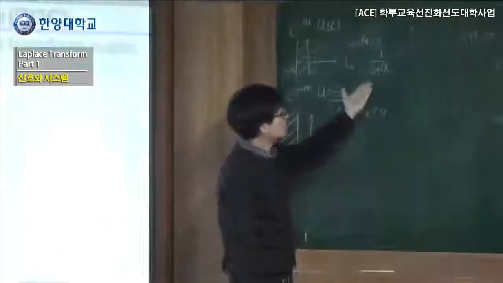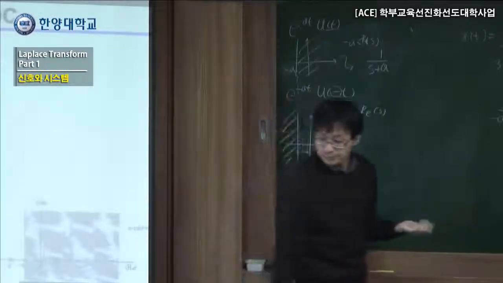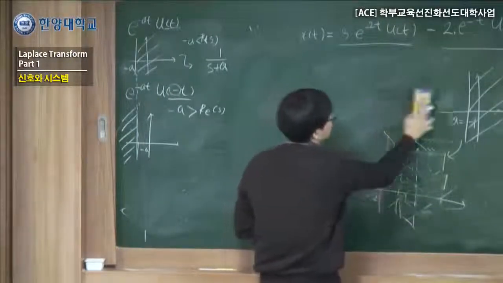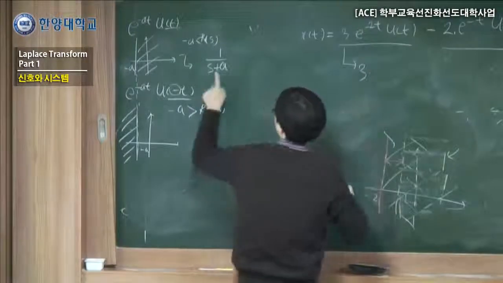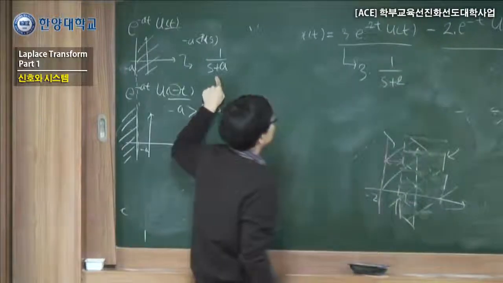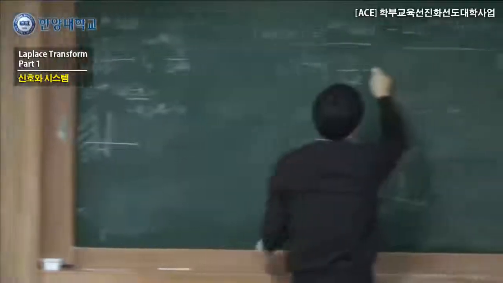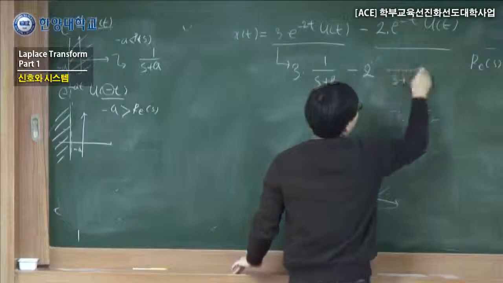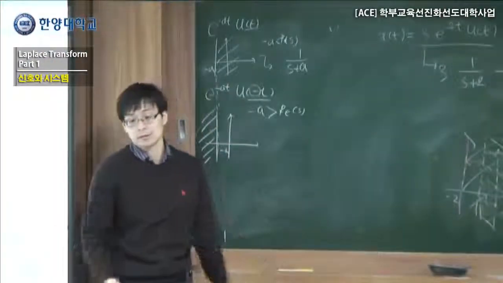Following this, we can notice that the first one, 3 times 1 over s plus 2, is the Laplace transform. This one, 2 is a constant, 1 over s plus 1 is their Laplace transform. That's it. Result.